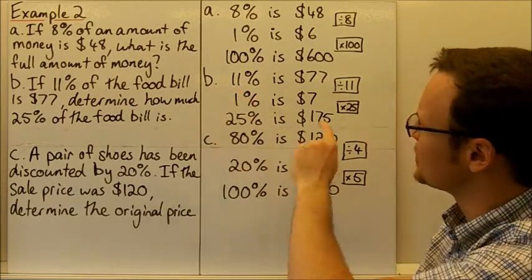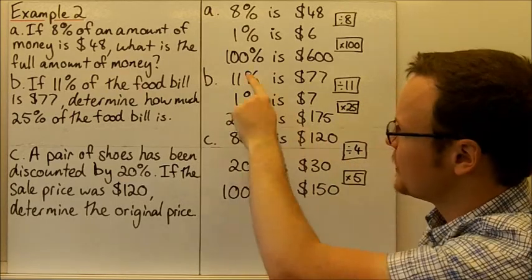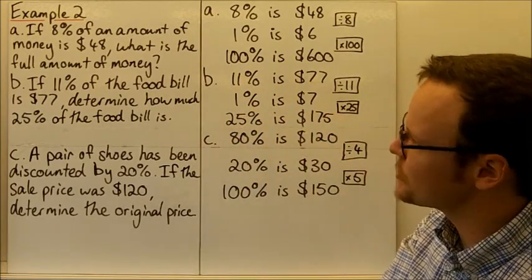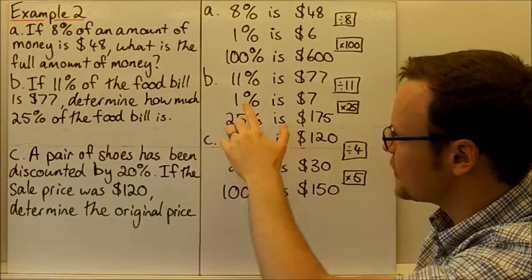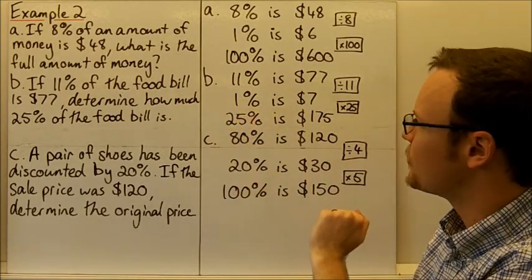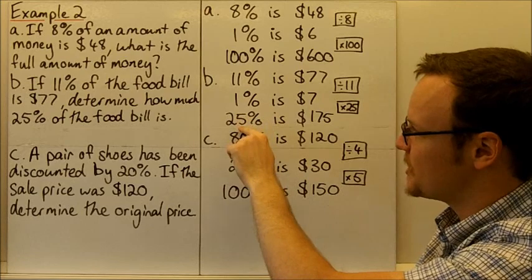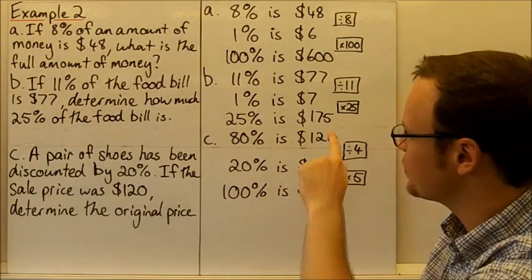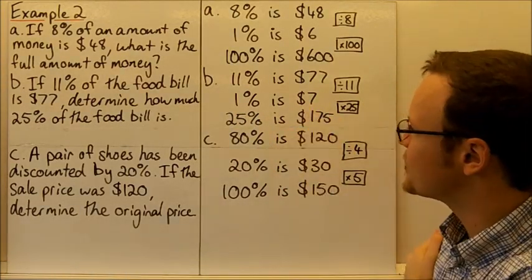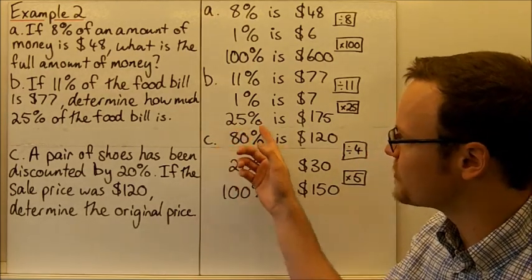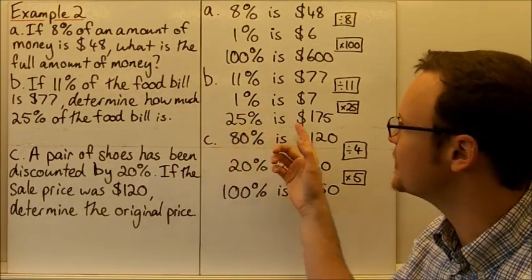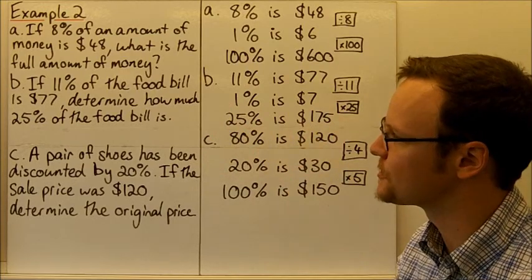So to go from 11% to 1%, we divide by 11, and we divide the $77 by 11, and we get that 1% is $7. Then we need to just multiply by 25, both the percentage to get from 1% to 25% and the amount. So multiplying $7 by 25 and we get $175. So a quarter of the amount, 25% of the amount, is $175.